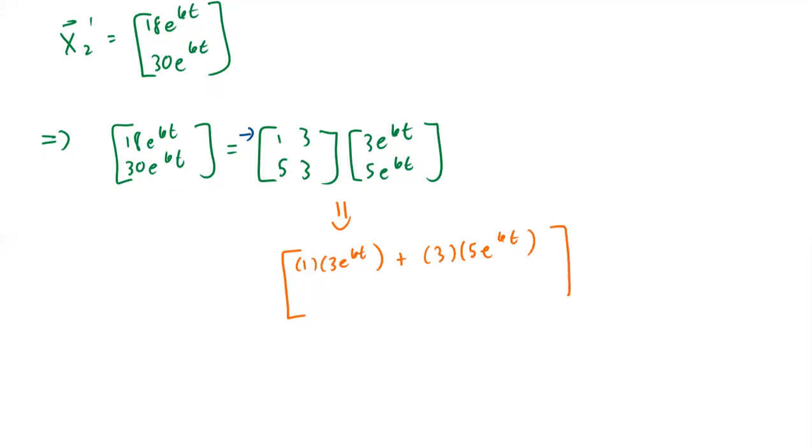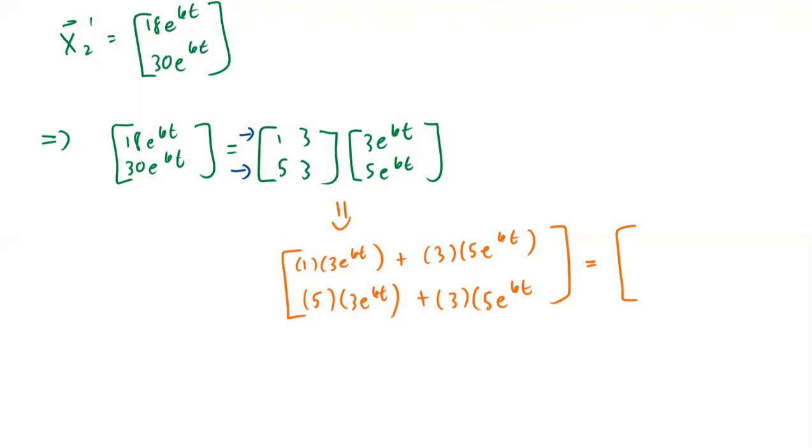Now go to the second row. First entry in the second row times first entry in the vector, that is 5 times 3 e to the 6t, plus second entry in the second row times second entry in the vector, that's 3 times 5 times e to the 6t. Now let's simplify.